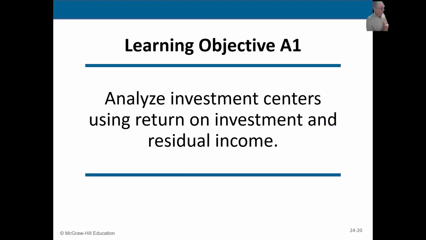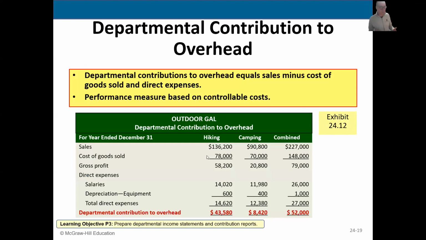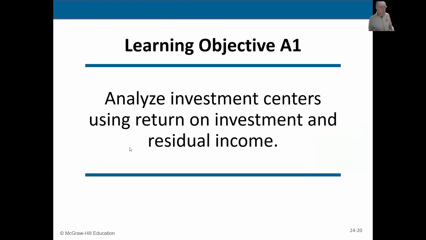We talked about controllable costs. We talked about profit based off of this income statement. Now we need to talk about the investment centers. Investment centers is the utilization of operating assets in each department.